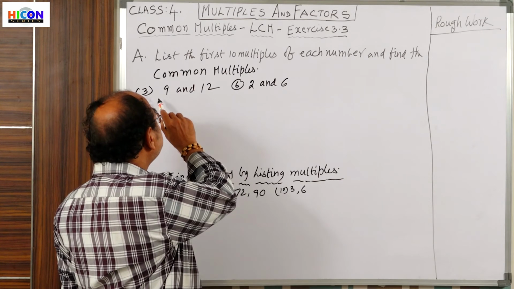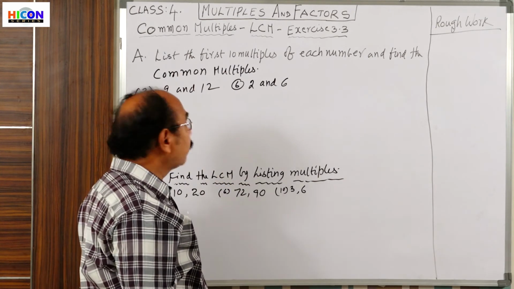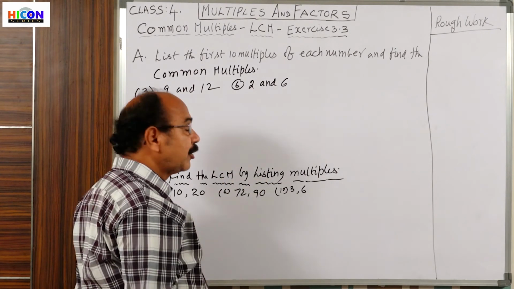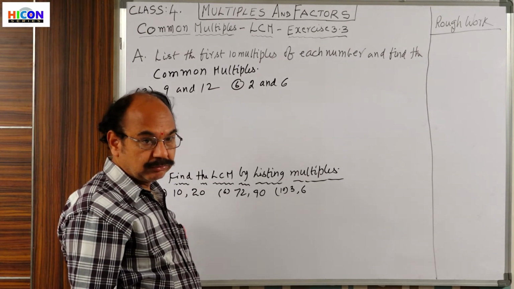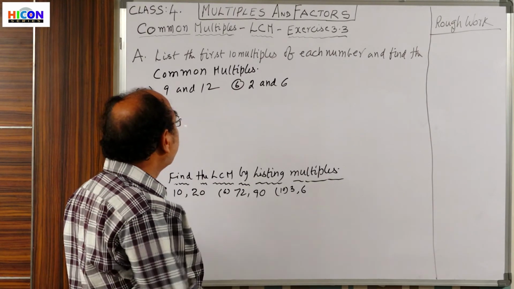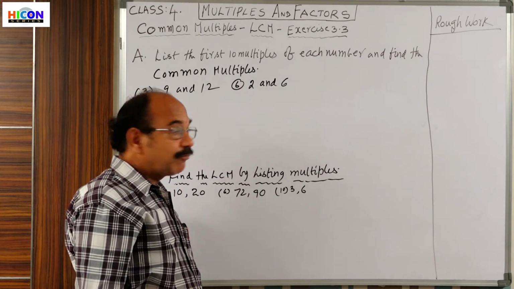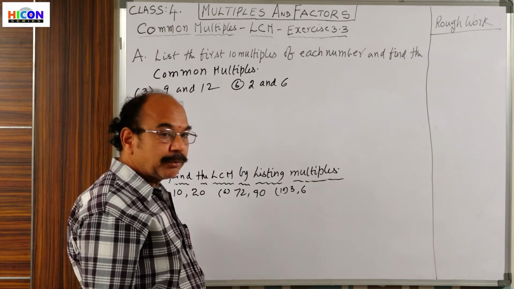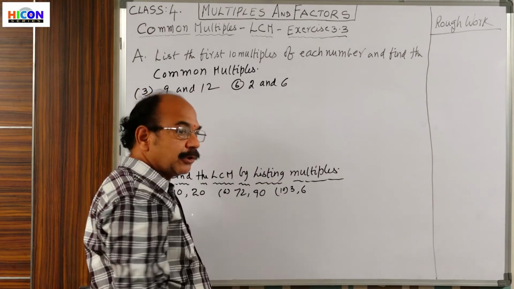Here, third question, see 9 and 12. First of all, write the multiples of 9. Only the first 10 multiples are enough. You need not write more. And multiples of 12, right? After that, find the common multiples.